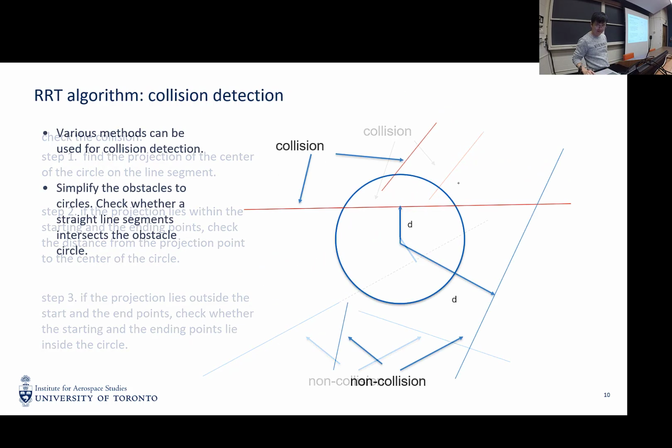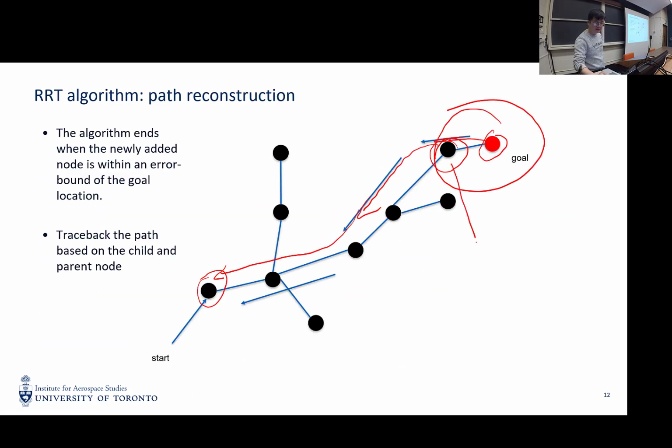For this example, we can just say, okay, this node has a parent index, and this parent will point at this node. So each node will have a parent indicating the node before it is generated. And if we finally have a sample that is located in the vicinity of our goal, we do a backtrack to reconstruct our path. So that's the whole process of the rapidly exploring random tree, or RRT.